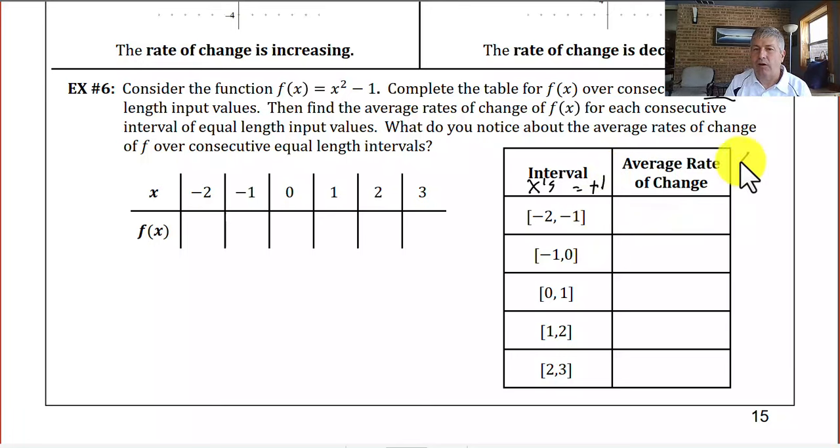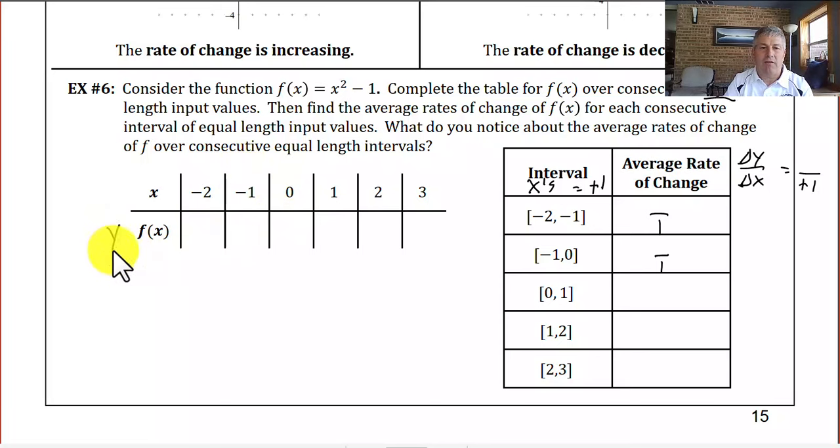So if we want the average rate of change, the change in y over change in x, we already know our denominator is 1, so this is not too bad. Every single one of these is going to be over 1. What do we notice about the average rates of change of f over consecutive equal lengths?